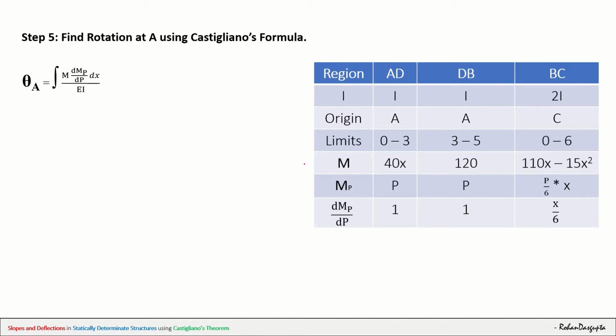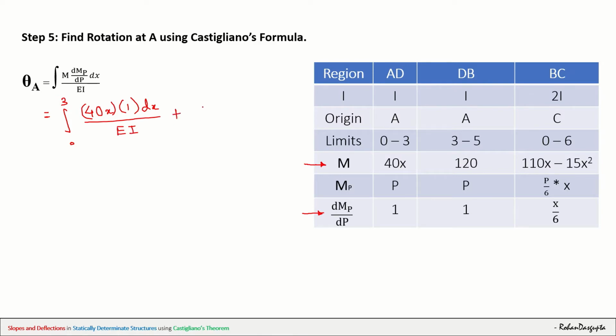So here again, I am going to take values from this row and this row. So theta A is equal to, for the first region AD, integration from 0 to 3, the value of M is 40x, the value of dMP by dP is 1, dx divided by EI.